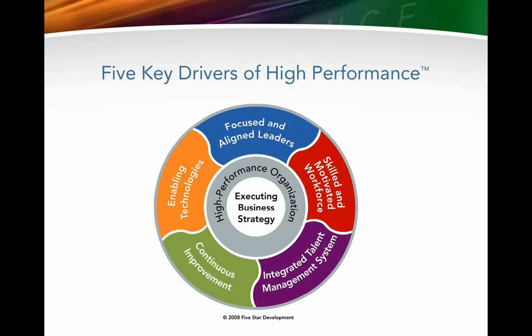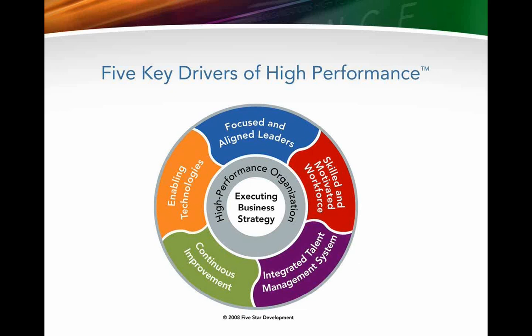Ultimately, the way we envision this is through a filter of what we call the 5 key drivers of high performance. There's a lot of models out there, and many of them are meaningful, make a lot of sense. But this is one that we particularly like and think is relevant for the presentation today.